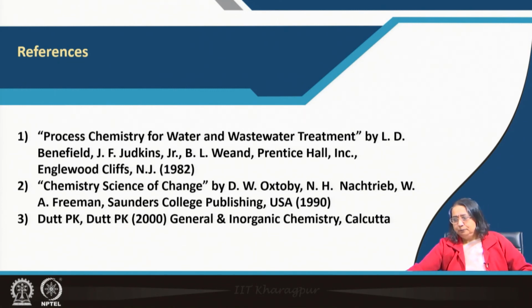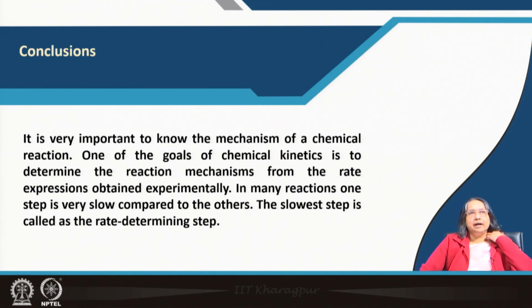As a conclusion, I can say that it is very important to know the mechanism of a chemical reaction. One of the goals of chemical kinetics is to determine the reaction mechanism from the rate expression obtained experimentally.